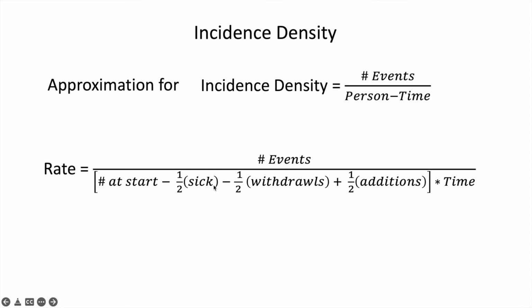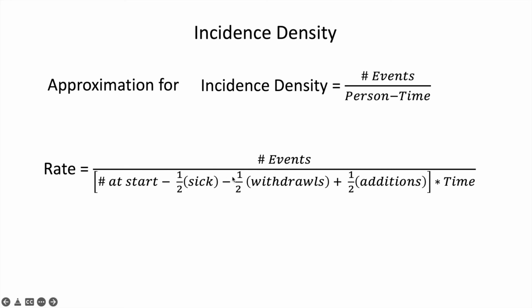This half each time is like in that other formula I was talking about earlier, where it's assuming that people are getting sick periodically throughout. And the reason we're subtracting the sick is because they're no longer at risk once they become sick. We're not going to contribute them to person time anymore.